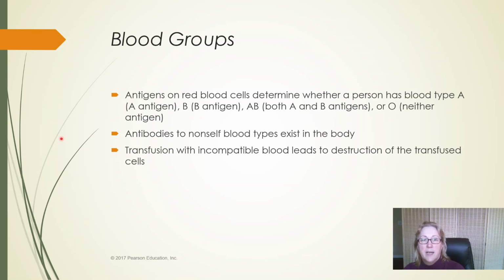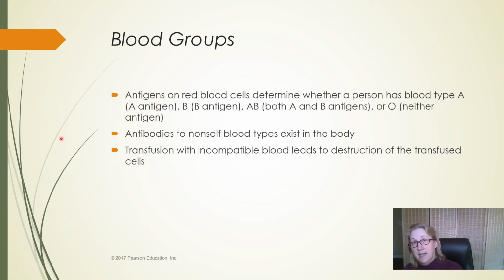So if your blood type is A, you won't have antibodies against A, but you will have antibodies against B. So we can't give you blood that has a B antigen in it. So we can't give you type B and we can't give you AB, but we could give you A or O. If your blood type is B, that means we can't give you blood with the A antigen in it because you'll have antibodies against it.